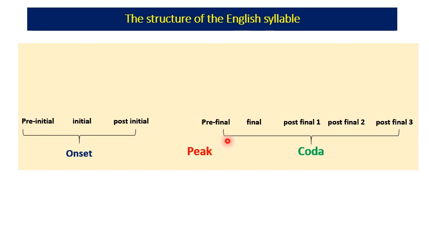And in the coda, we have pre-final, final, post-final 1, post-final 2, and post-final 3. So the maximum number for the coda position is 5 consonants, while in the onset we have only 3 consonants as a maximum number.